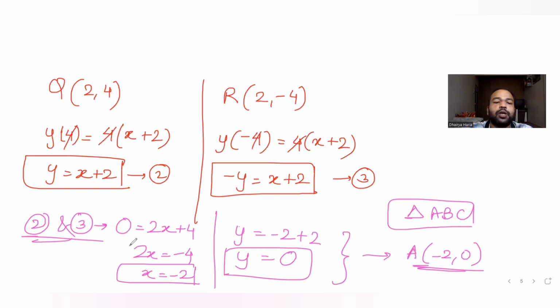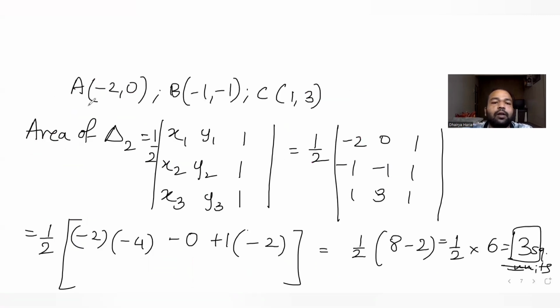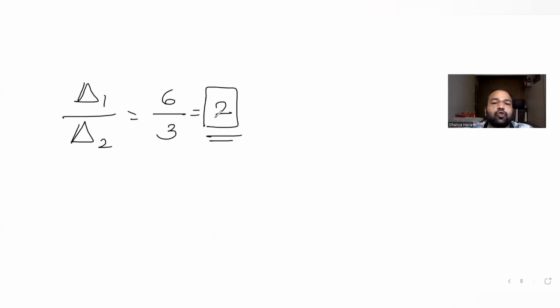Solving the two equations simultaneously using intersection points, we got 3 points A, B, and C that helped us form the second triangle, whose area was easier to figure out by using half into determinant of this entire thing. That gave us the area as 3 square units. Once we got the two areas of the triangles, we just took out the ratio and got that as 2.